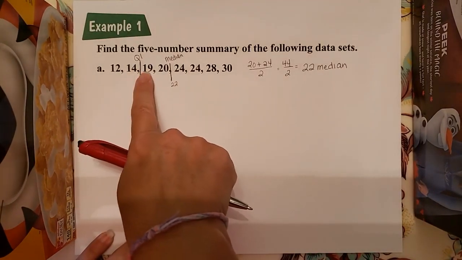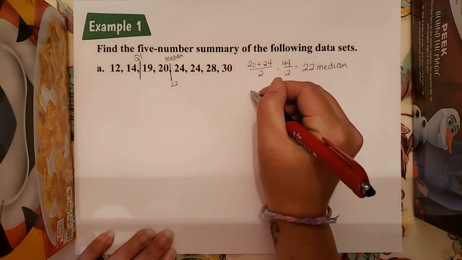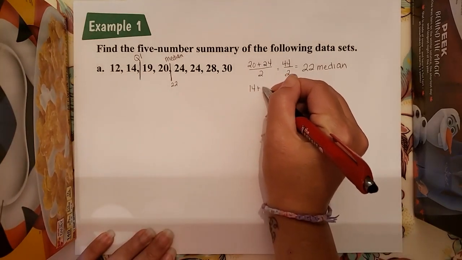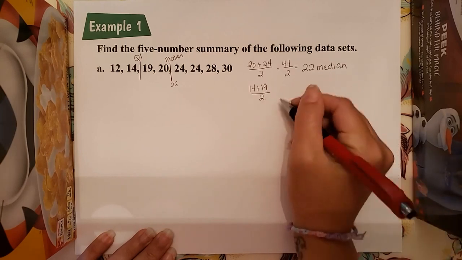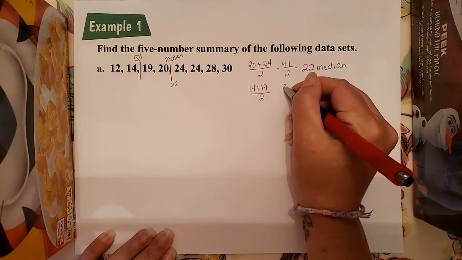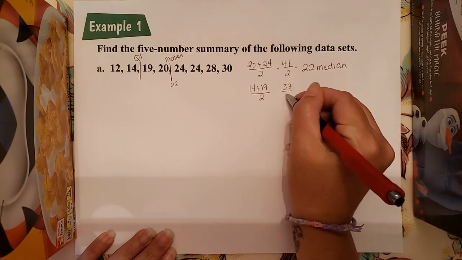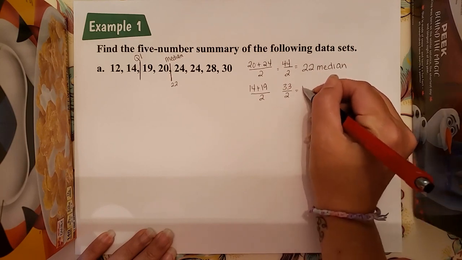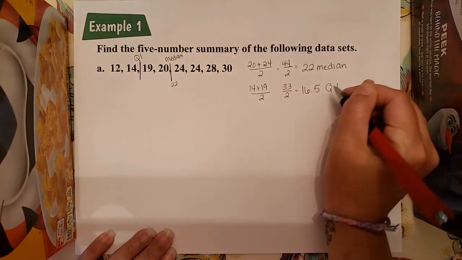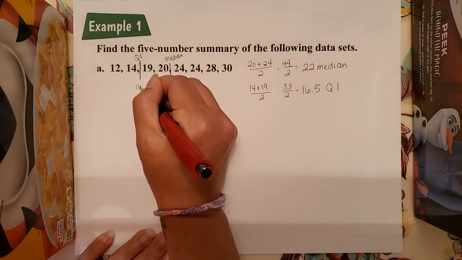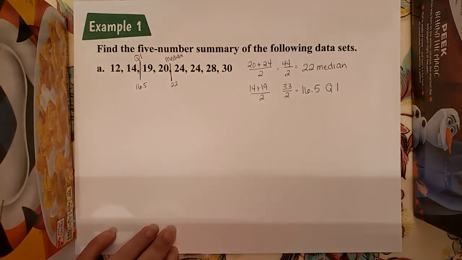Again, we've got 2 numbers here, so I have to add 14 plus 19 and divide that by 2. So we're going to get 33 divided by 2, which is 16 and a half. That is our Q1. So we have 16 and a half here.